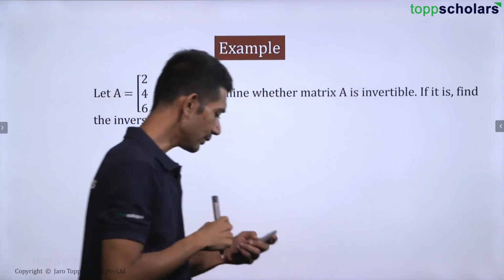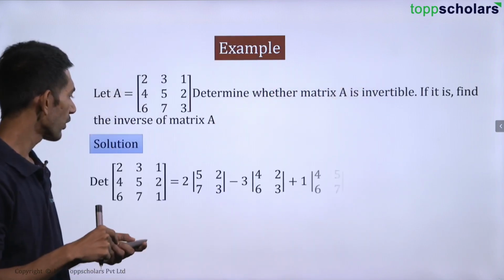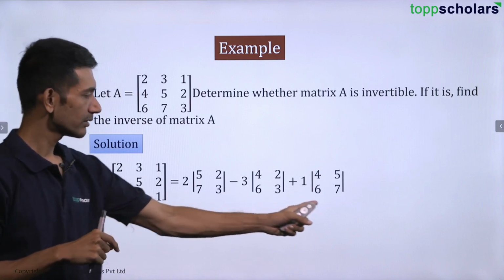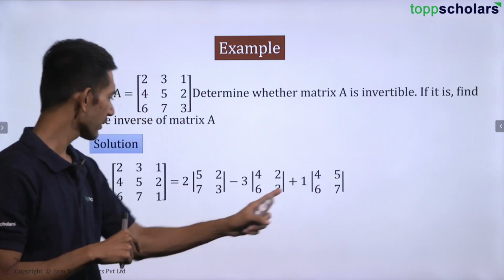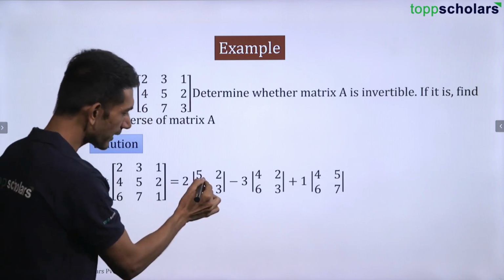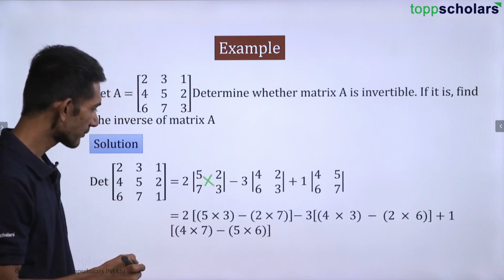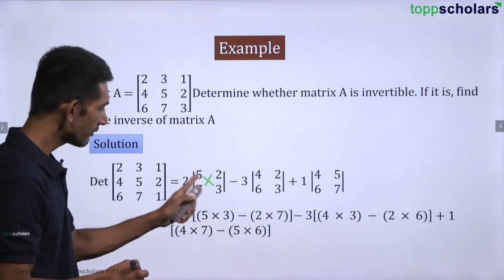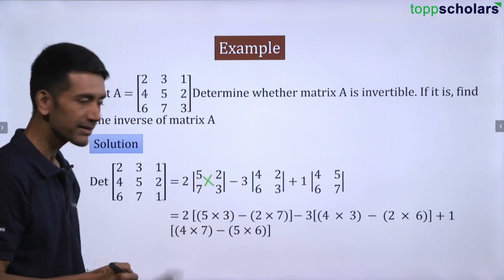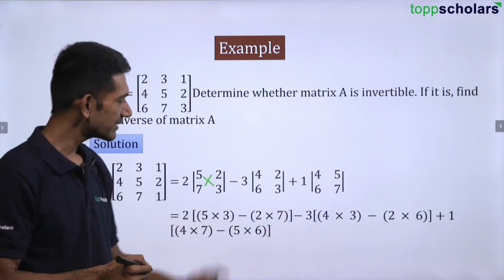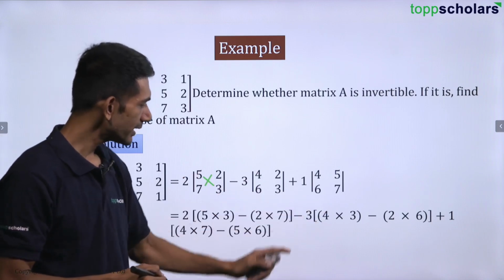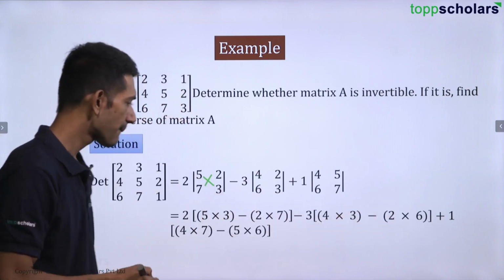So let us see here now. So we'll move on to the solution. As I told you, the same thing, whatever I wrote, it's here only. Now you know how to solve this part, right? So solve it further. So this becomes 2 as it is, 5 multiplied by 3 minus 2 multiplied by 7. Minus 3 as it is, 4 multiplied by 3 and 6 multiplied by 2.